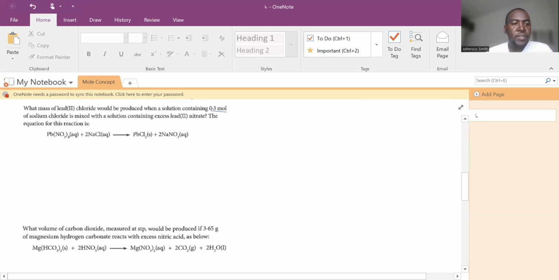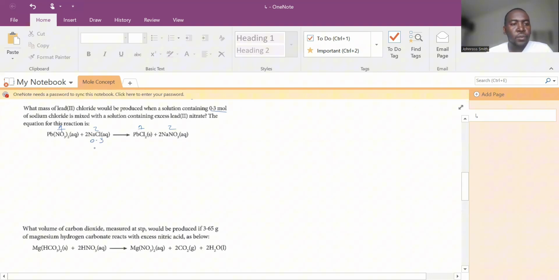But based on this, again, we would say that for the real equation, we would have used 1 mole of lead nitrate to react with 2 moles of sodium chloride, and that would have given us 1 mole of lead chloride and 2 moles of sodium nitrate. But in this case, instead of using 2 moles of sodium chloride, we actually use 0.3 moles.